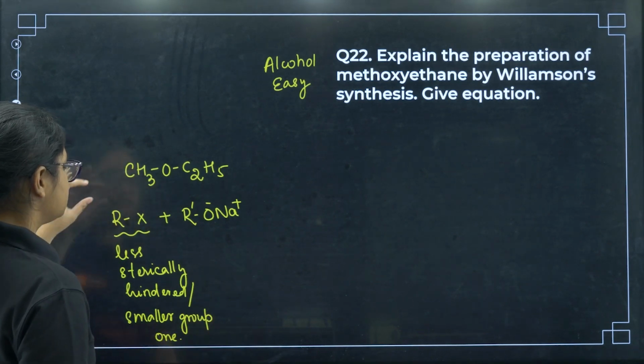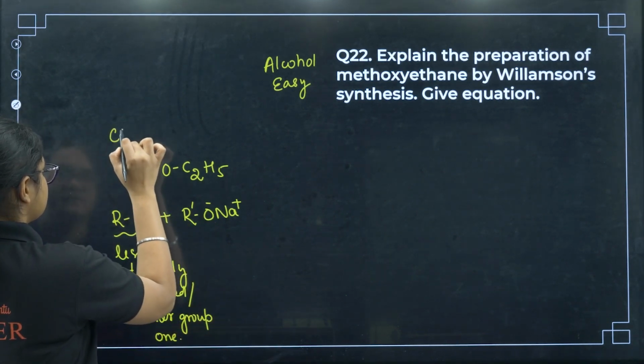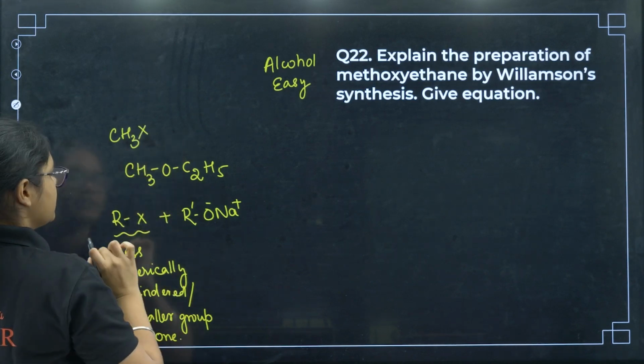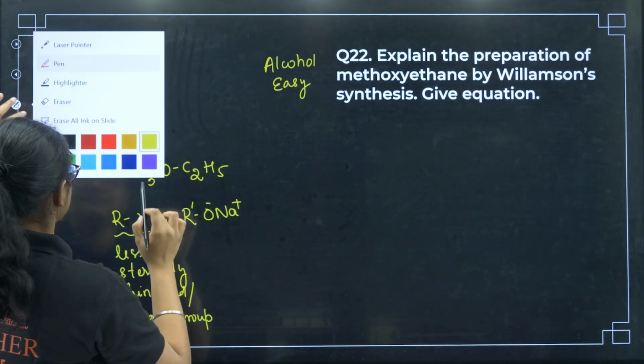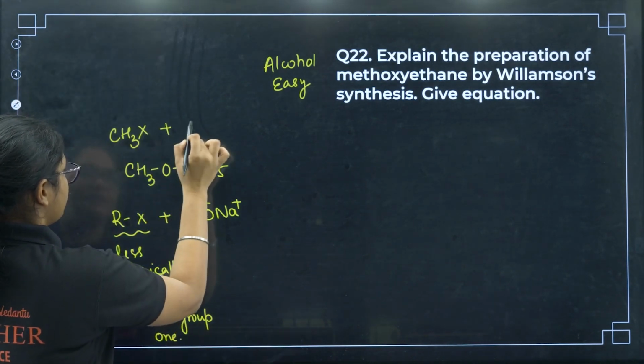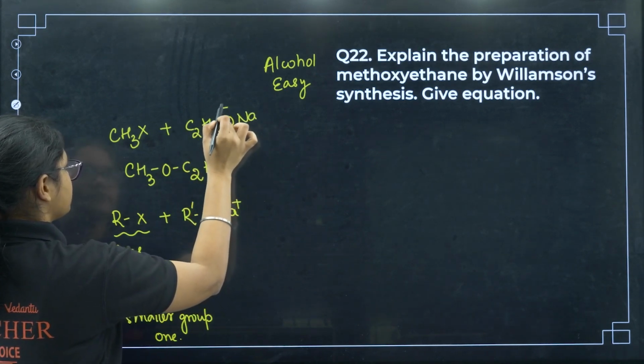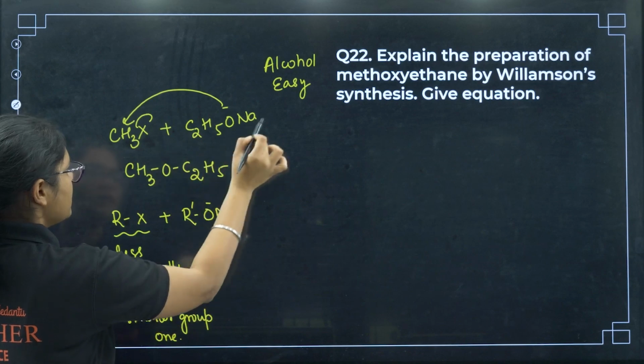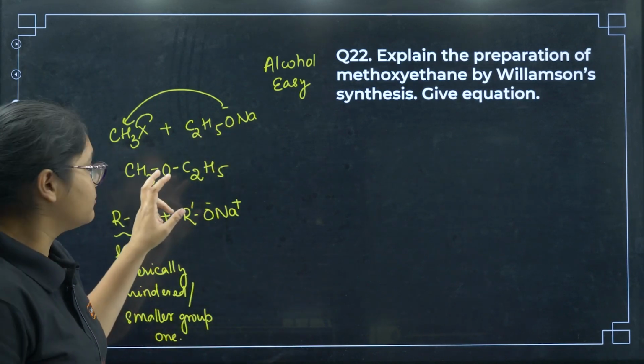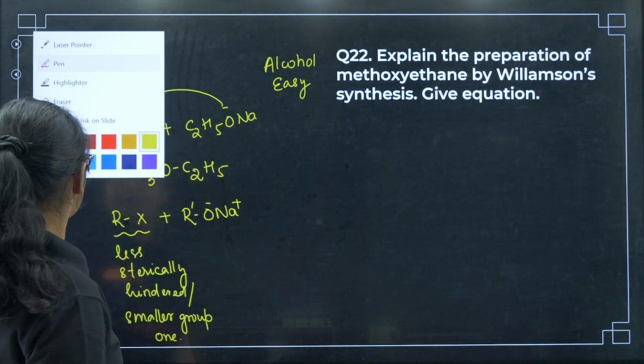Okay, so if you see here I have CH3X, and I have C2H5ONa. So this one can attack here, this one will go out and we will get this one as the product.